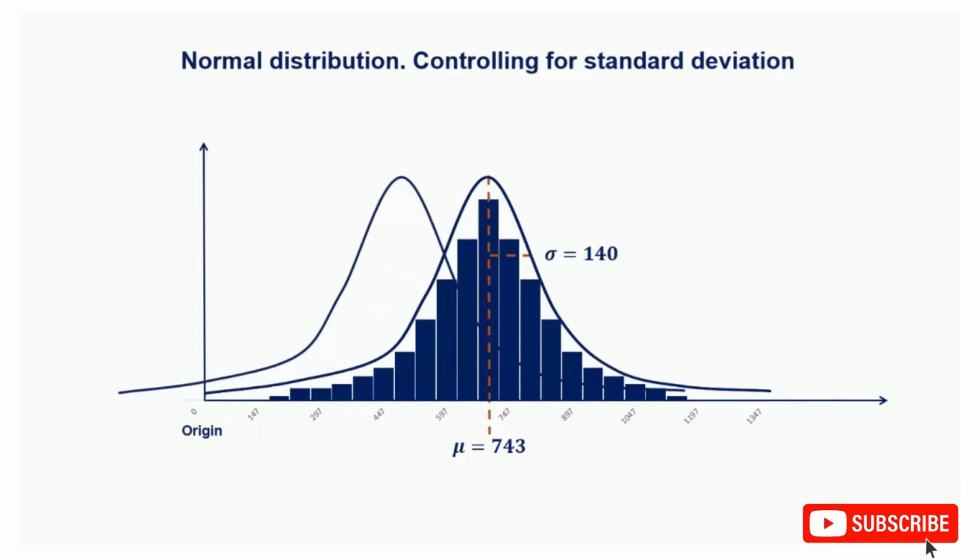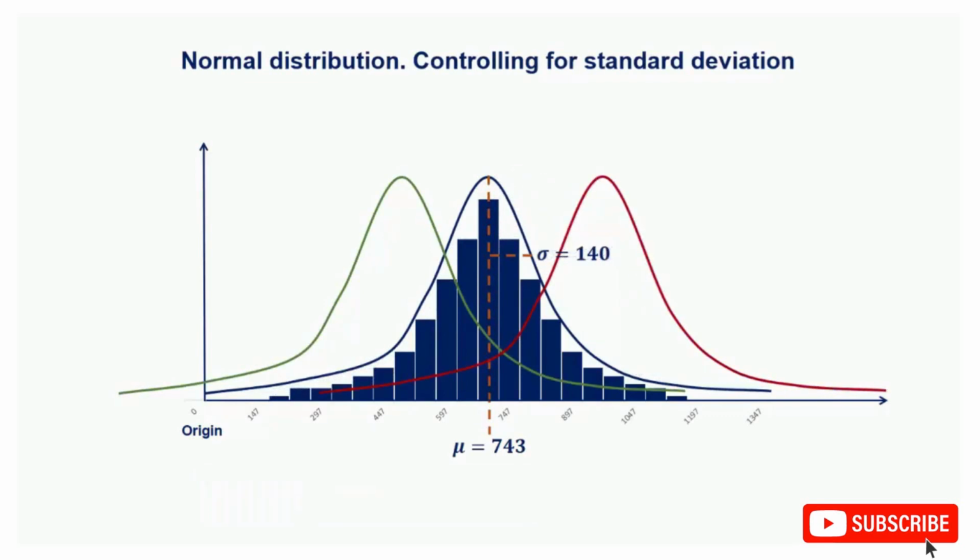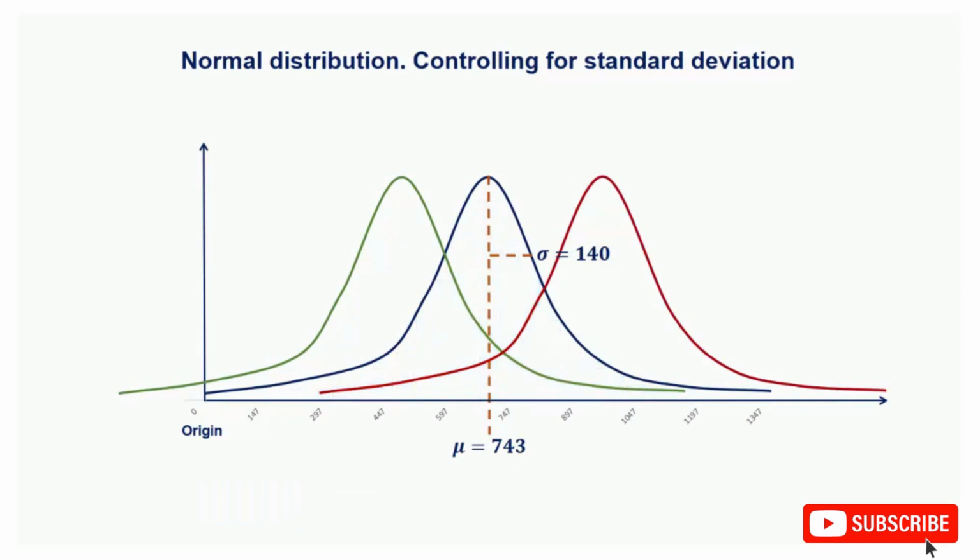In the same way, a bigger mean would move the graph to the right. In our example, this resulted in 2 new distributions. One with a mean of 470 and a standard deviation of 140, and one with a mean of 960 and a standard deviation of 140.